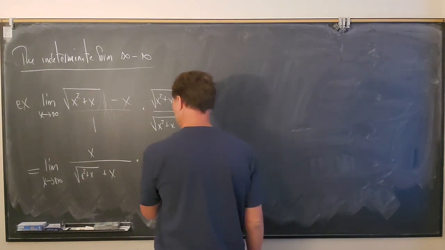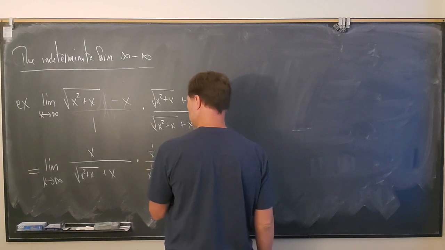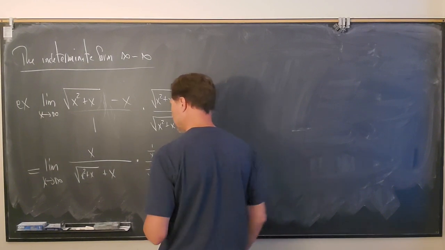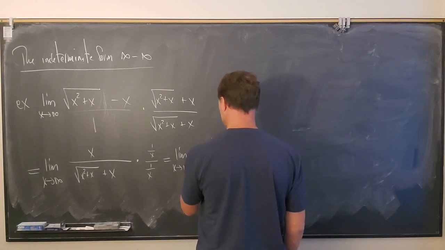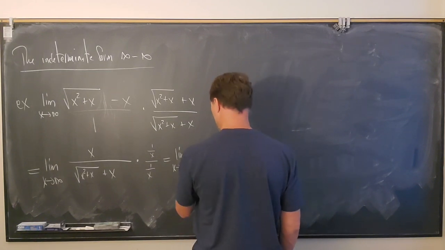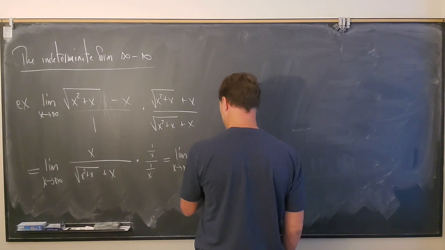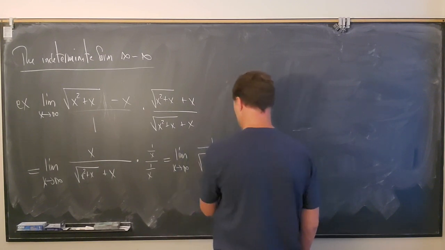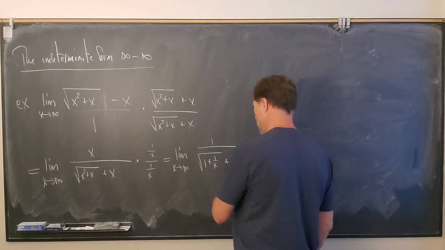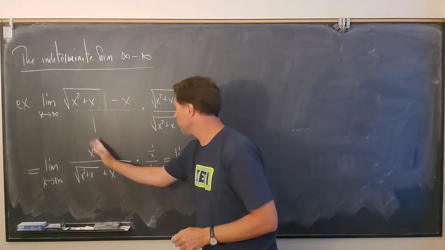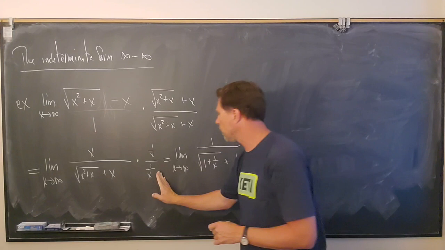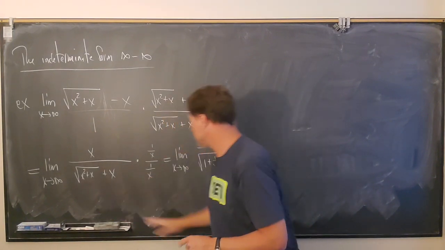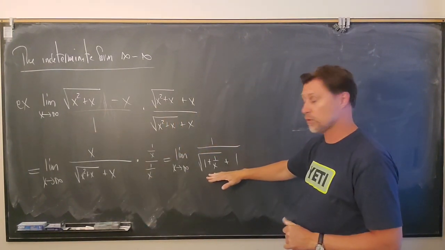And so when we multiply this out, what we get is the limit as x approaches infinity of 1 divided by the square root of 1 plus 1 over x, plus 1. I'm just distributing, so if you multiply the 1 over x times the numerator, you get a 1. Multiply 1 over x through the denominator, do a little bit of arithmetic, and here's what you get.